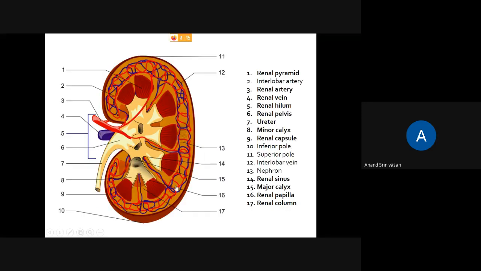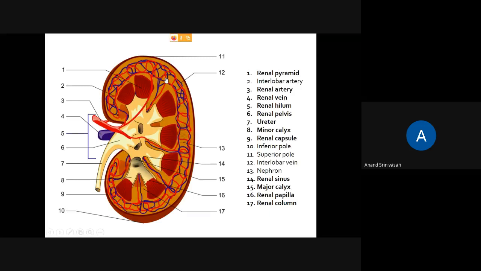So here you can see the outermost part. This is the cortex, the renal cortex, and the part which is present in the center is called the renal medulla.